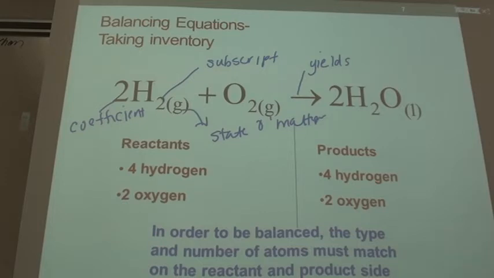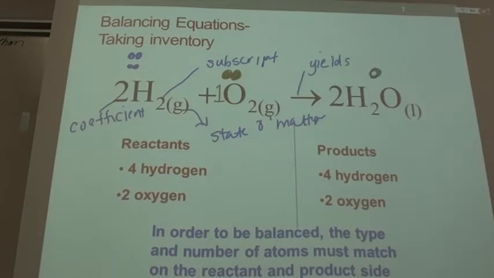So if I were to draw a diagram of what this looks like, I would have the diatomic molecule hydrogen, H2, and I would have two sets of them, yes? And then I would have the diatomic molecule oxygen. I have one set of them. Remember, chemists are incredibly lazy. They never write the number 1. Is it there? Uh-huh.